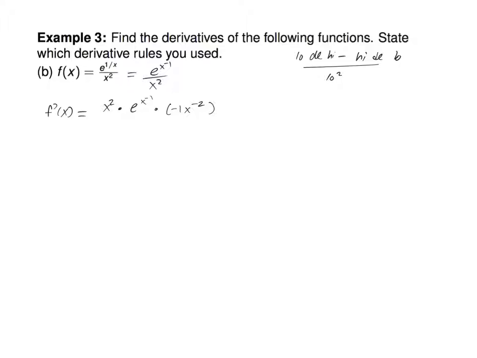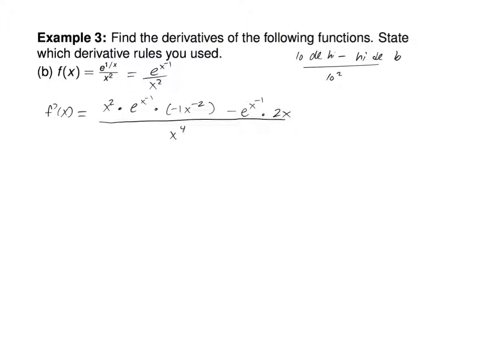Okay, so low d high minus high d low is 2x, all over bottom function squared. So what's x squared squared?